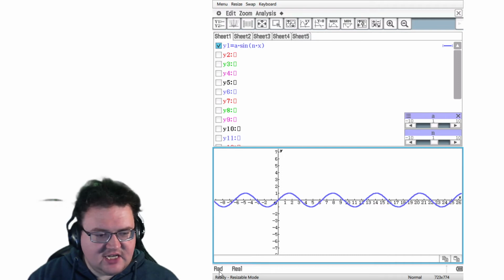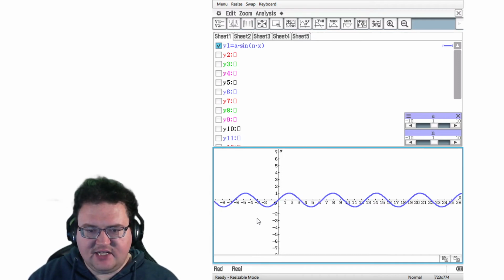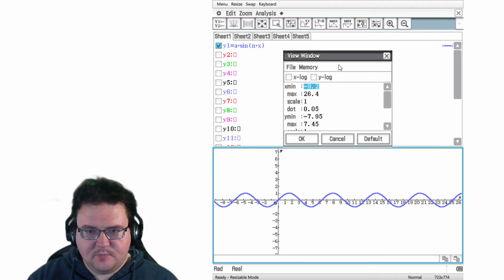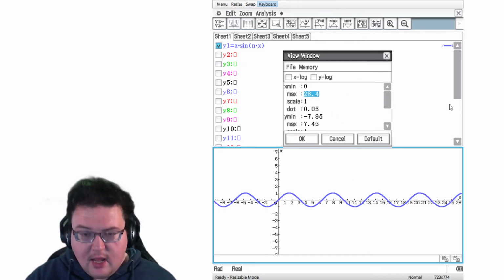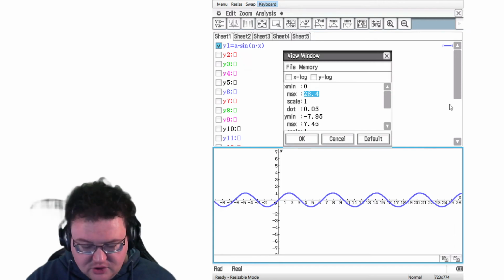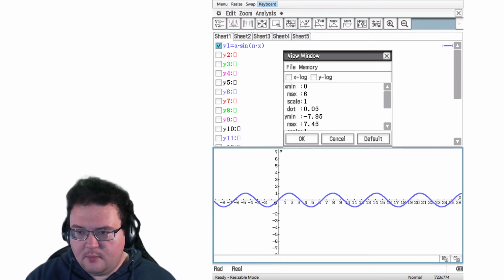Now my calculator is set to radians, so it makes it very easy to draw in such a small scale. Now what I'm going to do is I'm going to change my window a little bit. I want to draw from 0 to, and I can manually do this, I'm going to draw until 6 pi. So if you use the keyboard, you can put pi in yourself.